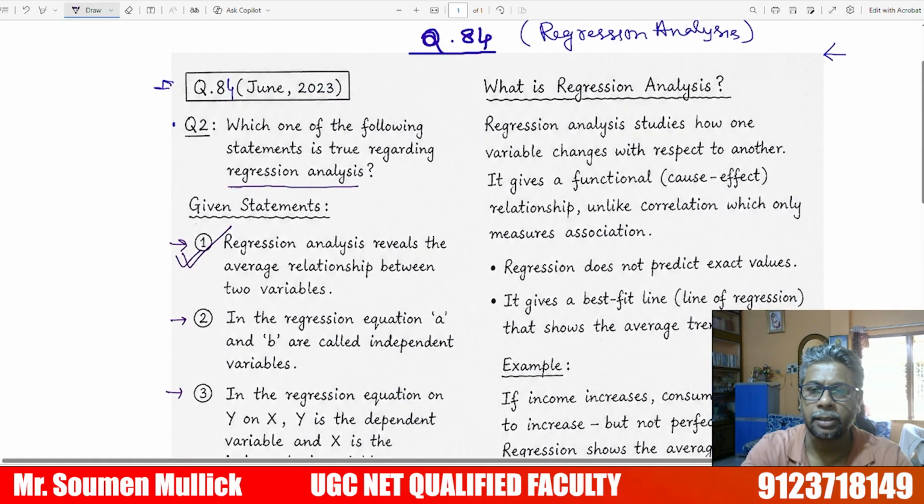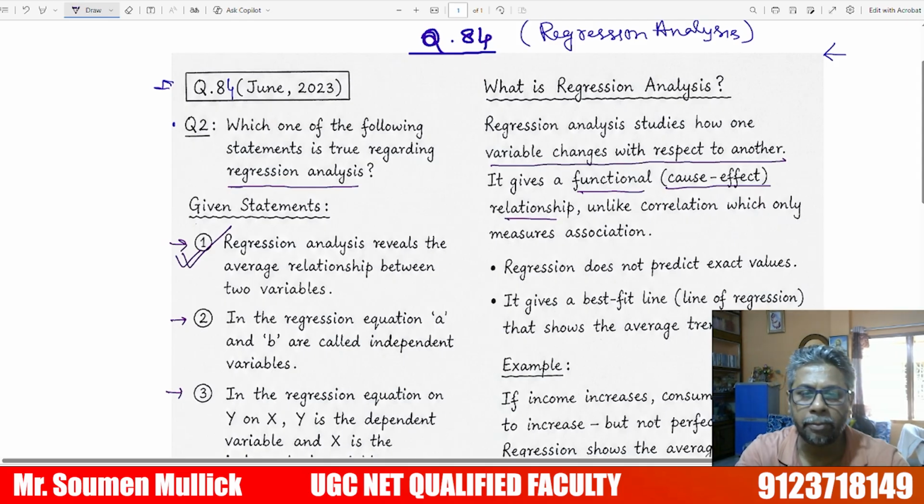Regression analysis studies how one variable changes with respect to changes in another variable. It gives a functional, cause-effect relationship. Unlike correlation, which only measures association, regression establishes the cause-effect relationship.